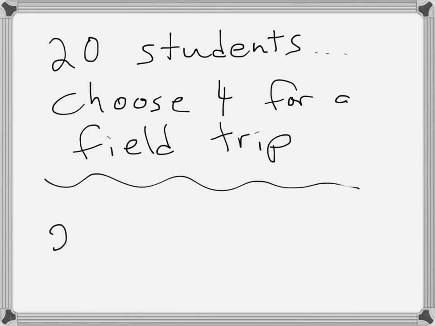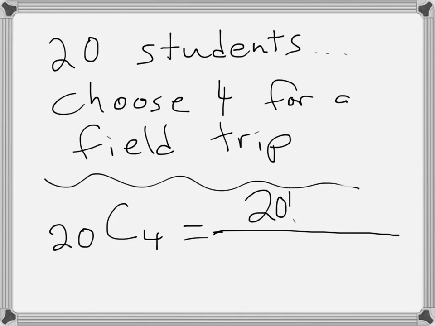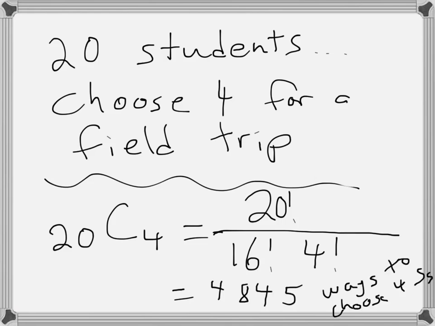So we're going to do 20 choose 4, which is 20 factorial over 16 factorial, 4 factorial. I'm going to throw that in my calculator really quick. And that gives me 4,845 ways to choose 4 students.